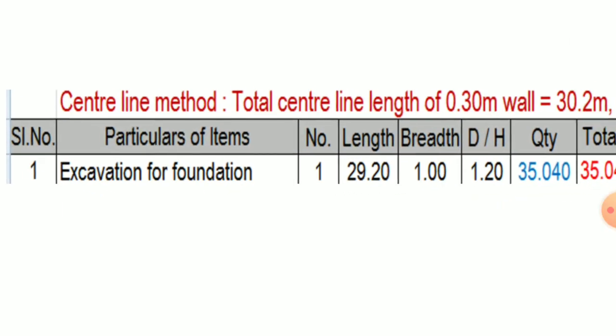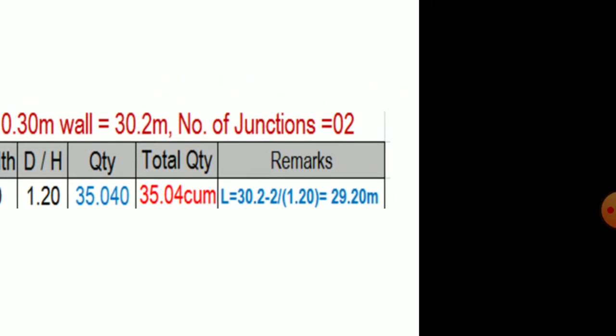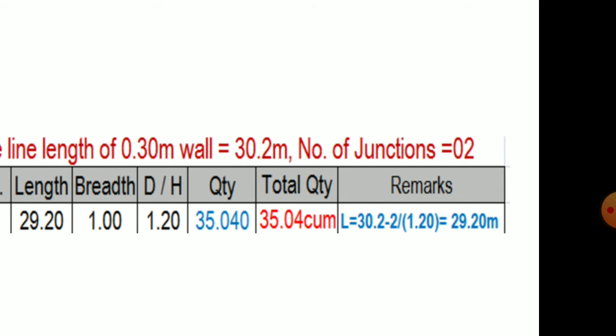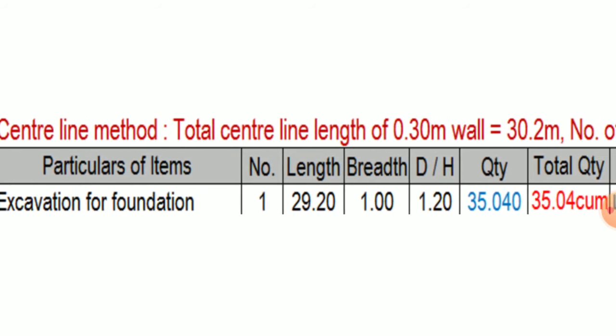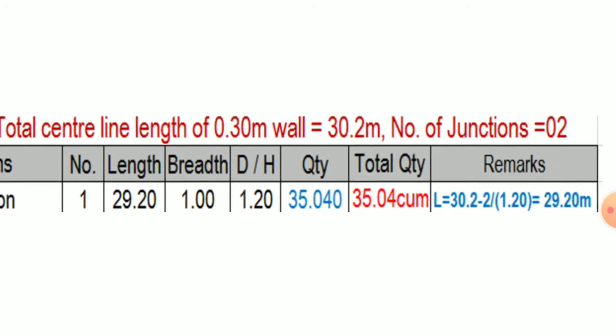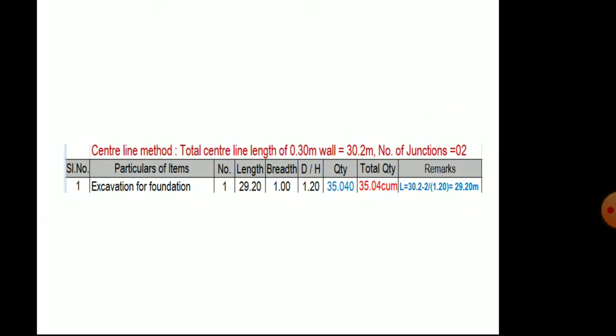So the expression for the foundation total centerline length is 30.2 meter minus 2 divided by 2 into 1.1 meter. So that will be 29.2 meter, the total length. That is 30.2 minus 2 divided by 2 into 1. So that is 29.2 into breadth 1 meter, depth 1.2 meter.